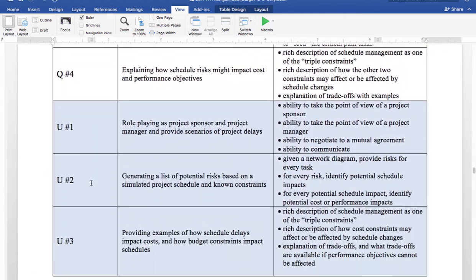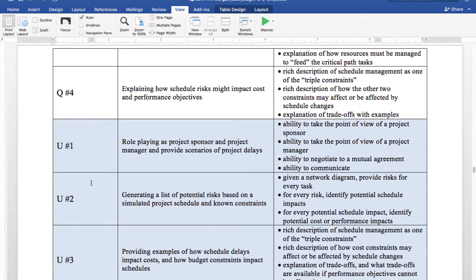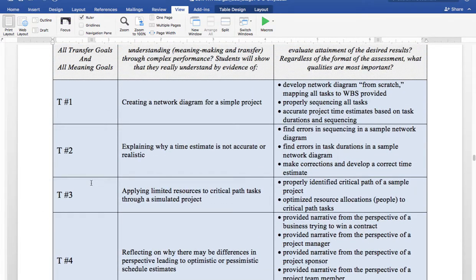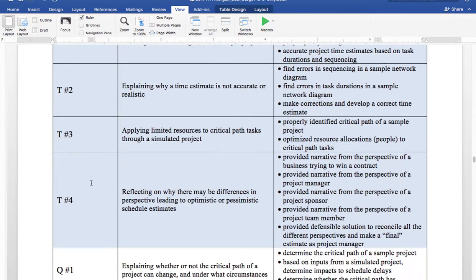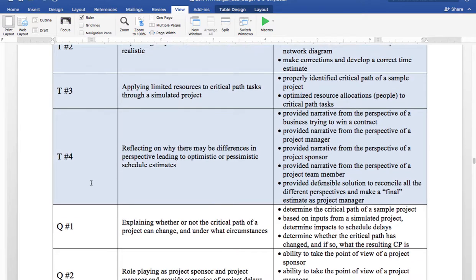These are distinguishable from other kinds of evidence because these are ways that we ensure the kind of deep understanding that we expect students will be able to walk away with at the end of the unit.